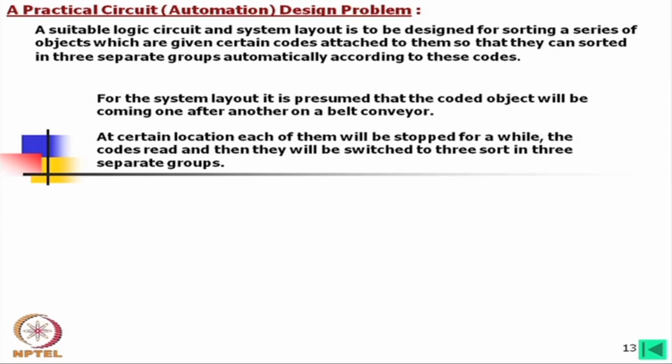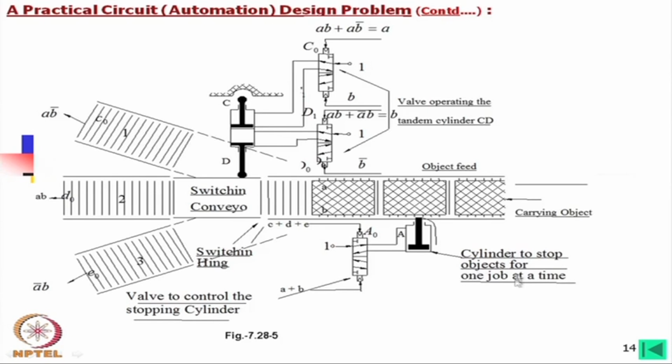The codes will be read, and then they will be switched to sort in 3 separate groups. A schematic may be as in figure number 5 in the next slide. Now, look at this. This is a real system.